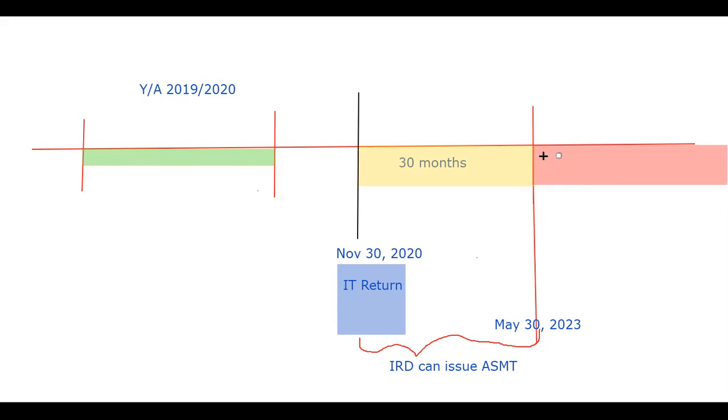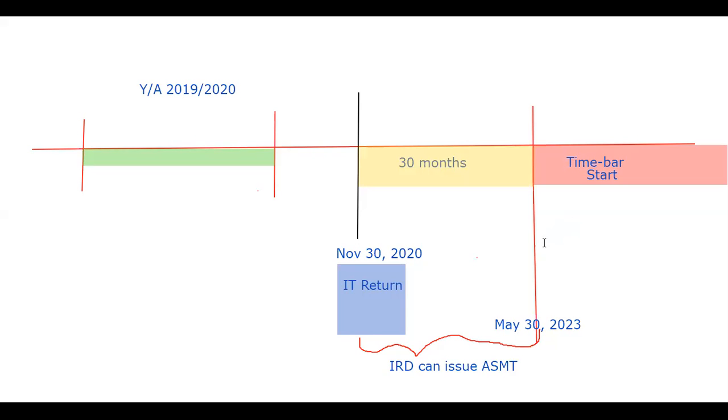We call this the time bar start. Time barred. Time bar starts. So then they can't issue an assessment. So this is the method.